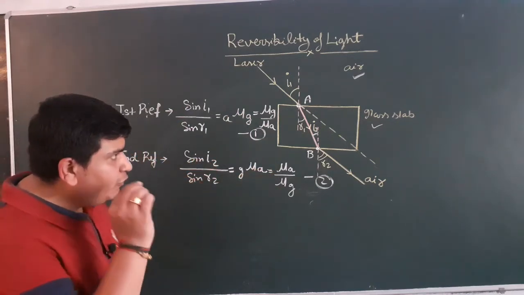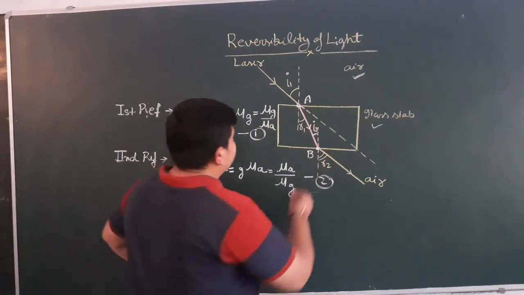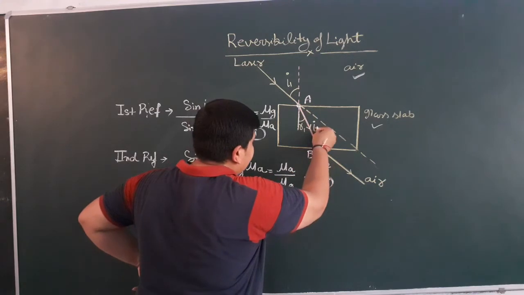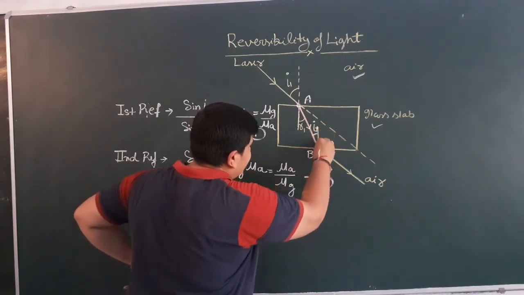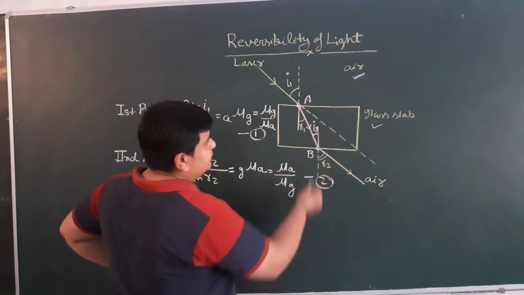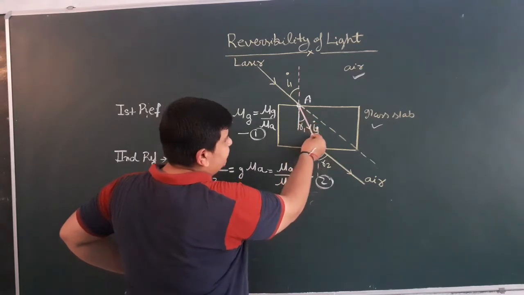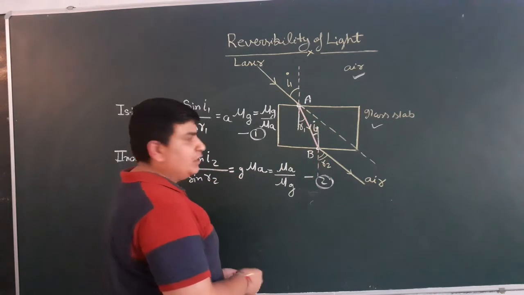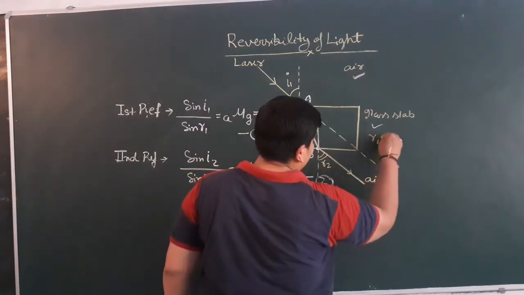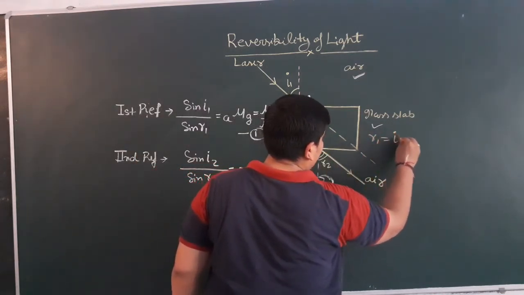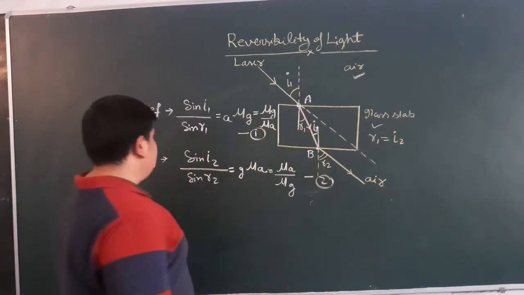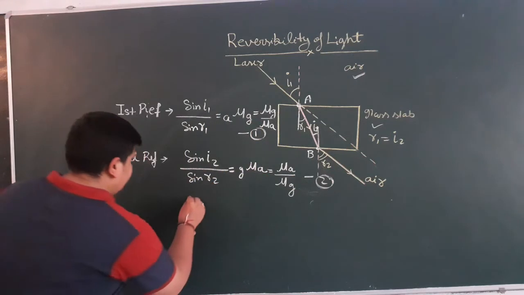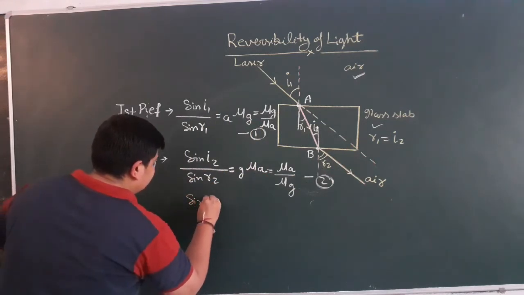Now if you observe a little bit here, the normal here and the normal here are parallel to each other, which means the interior angles, or Z-shape angles, must be equal to each other, which means angle R1 must be equal to angle I2. So instead of using I2, we can replace it with R1, sin R1.